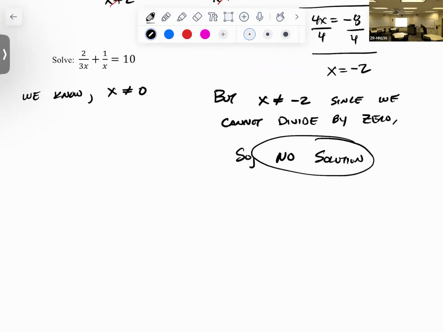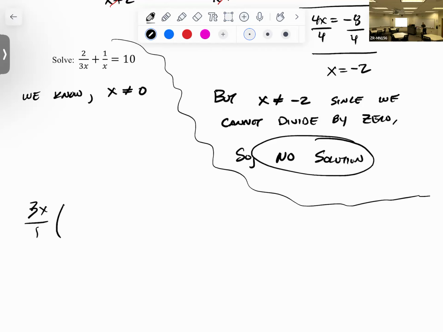All right, so the least common denominator for this is what? 3x. So let's multiply, and because this is the faster way, identify what it is. I don't understand how you find the common denominator.